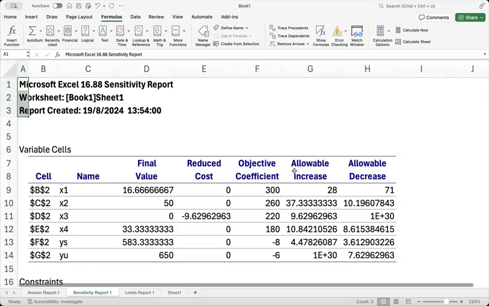No, we don't have to, because the solution remains the same. We should go with the same plan: produce X1 this value, X2 this value, don't produce X3, produce X4 this value.